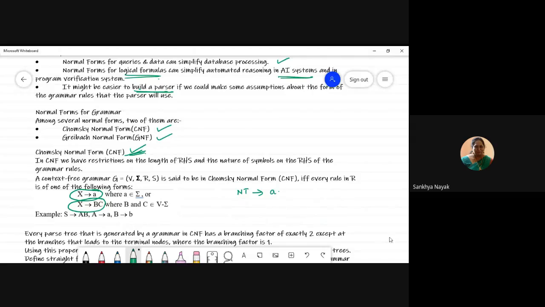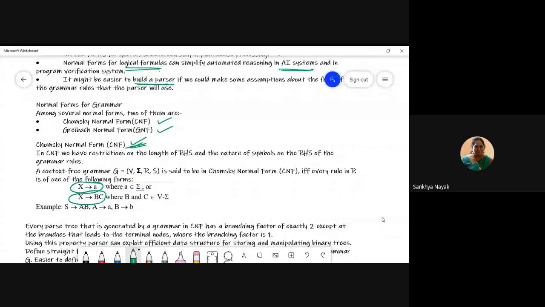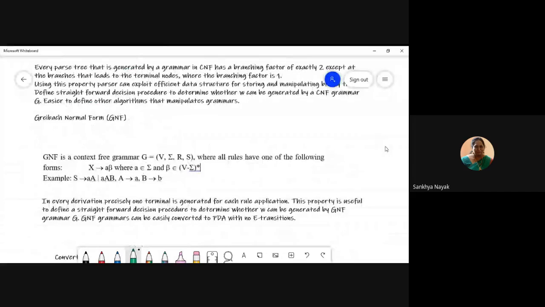The next one is Greibach normal form. In this Greibach normal form, the rule says you can have the grammar in this format. The format is very simple: a non-terminal which will give rise to a terminal and then a set of non-terminals. There is no restriction on how many there are.